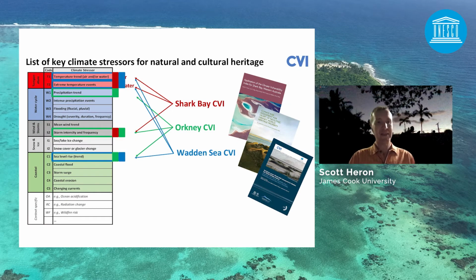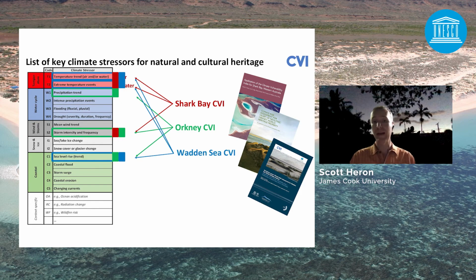With the values identified, we now look to climate change and the climate stressors that are impacting the properties. What we do with this list is evaluate the climate stressors relevant and potentially impacting the key values, and through that process, select which are the most relevant climate stressors for the individual properties.